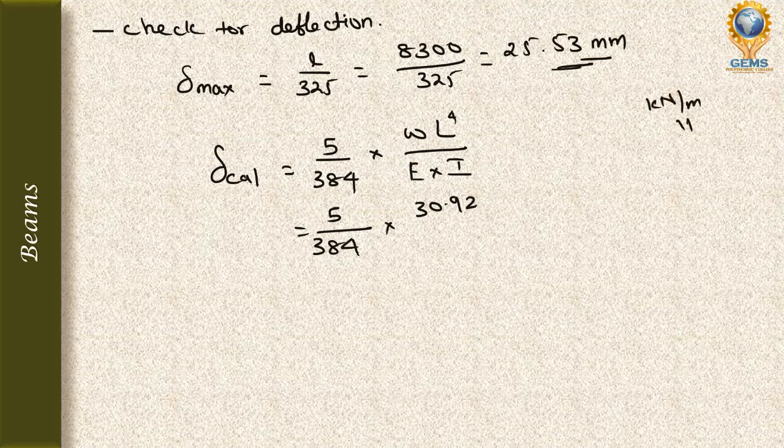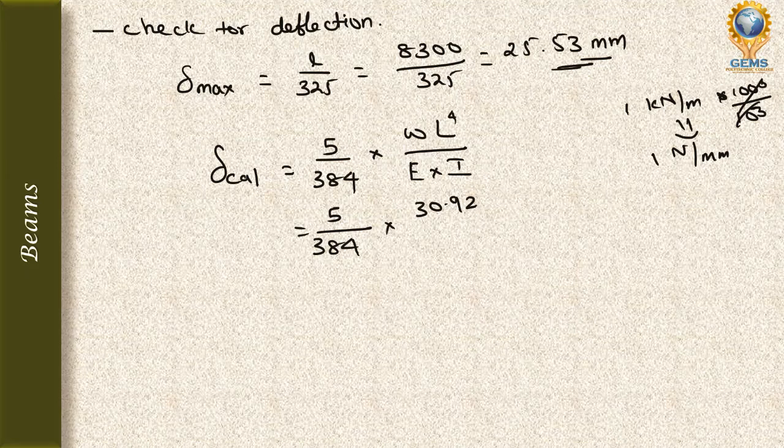We are converting into Newton per mm, and it is the same, because 1 kilonewton per meter is equal to 1 Newton per mm.